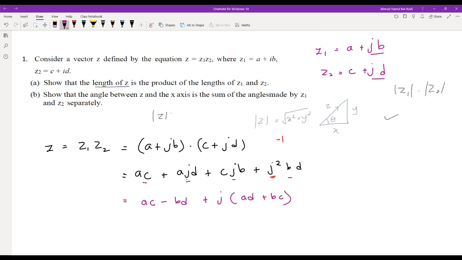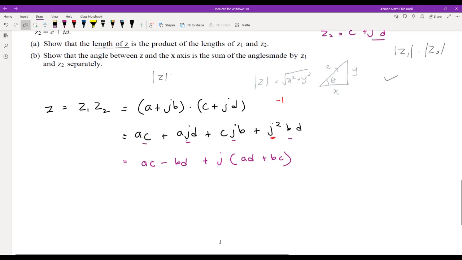This one, JAD, JCB, so factor J. So this will be the total of the Z, when Z is Z1 times Z2.